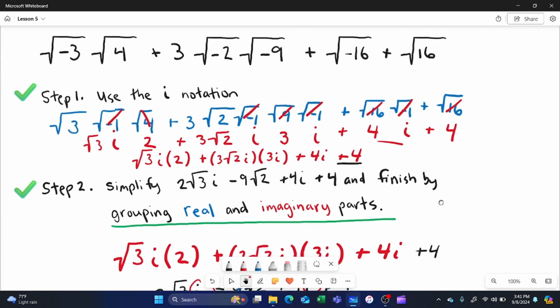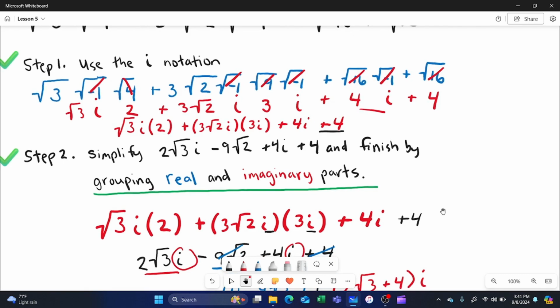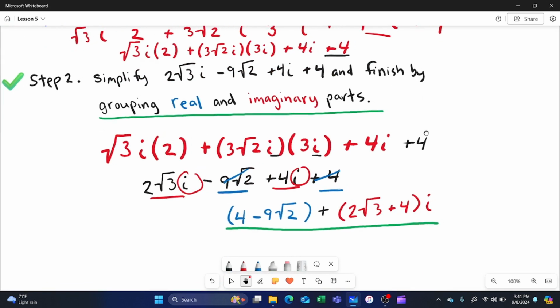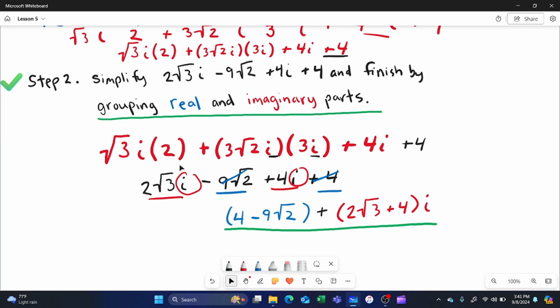We simplify the 2 square root of 3i to minus 2 square root of 2 plus 4i plus 4 and finish by grouping real and imaginary parts. Doing that, you can see that we had 3i times 2 plus 3i times the square root of 2 times i times 3i plus 4i plus 4.